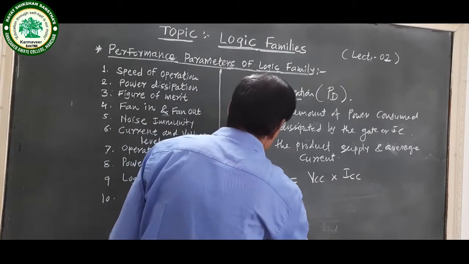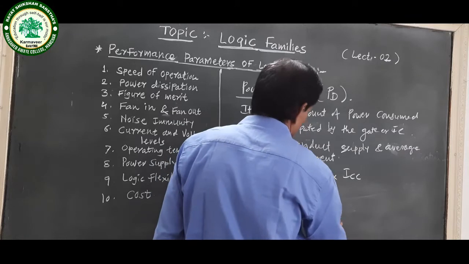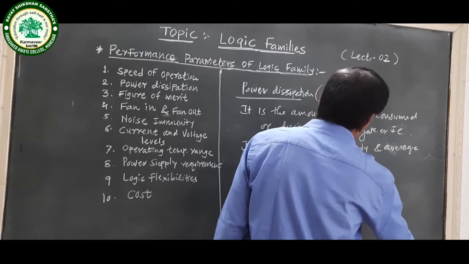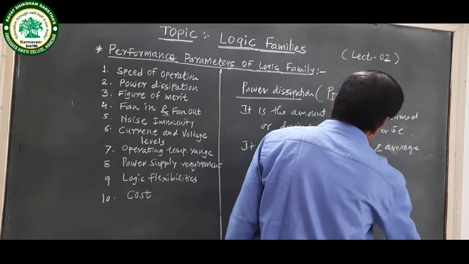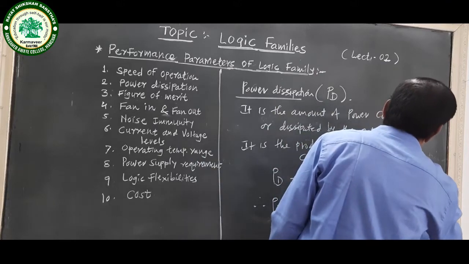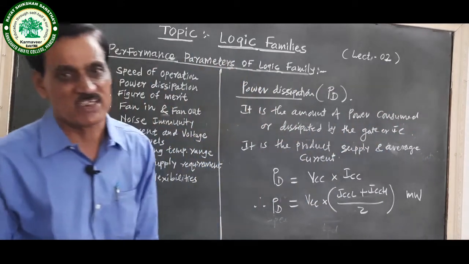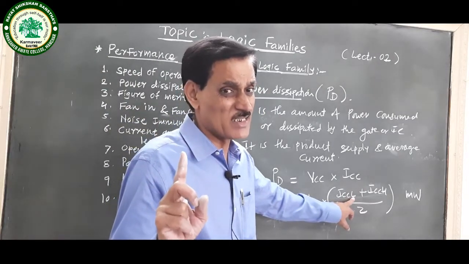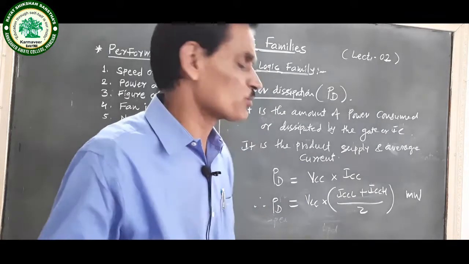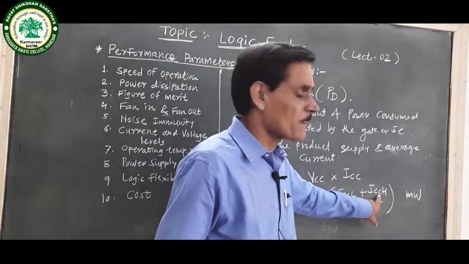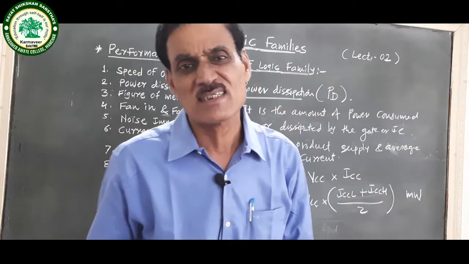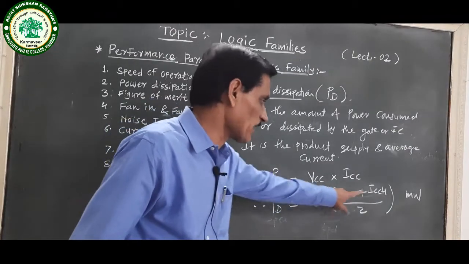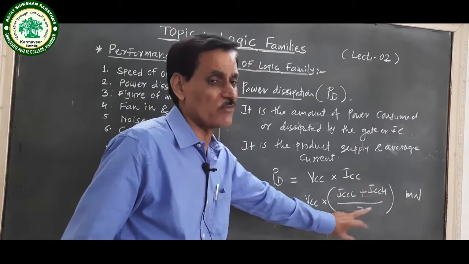Therefore, here we say that PD is equal to VCC multiplied by ICCL plus ICCH divided by 2, and this power dissipation is in the order of milliwatts, where ICCL is the current taken by the IC or device when the output is in low state, whereas ICCH is the current taken by the IC whenever the output is in high state. These values are different and therefore the average value is taken.